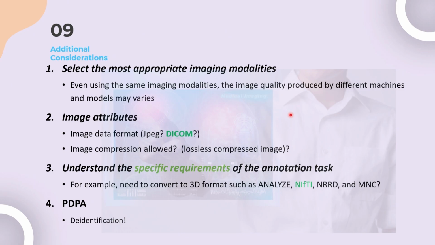Some AI models cannot accept certain types of image format. For example, some only accept the medical format, what we call DICOM. Some can also accept JPEG. And if the data is 3D, that also causes a lot of problems because some software needs you to convert to another acceptable format before it can be fit into the system.